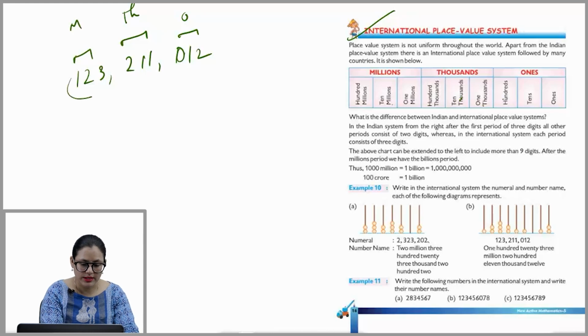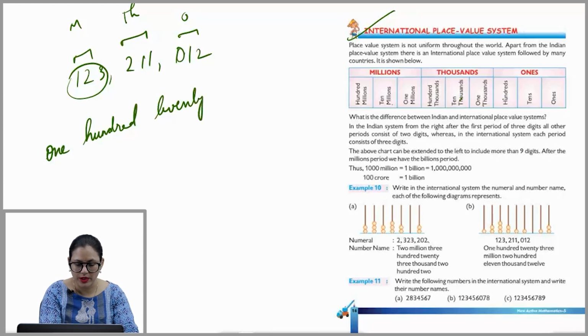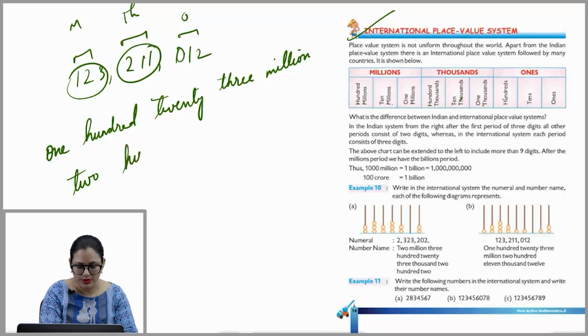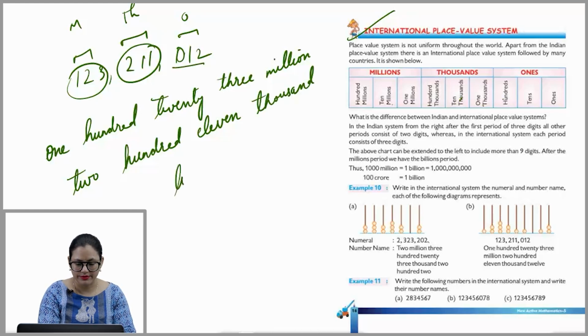So this is 123, and we are talking about which period? We are talking about the millions period. So 123 million. Now move on to the next period. 211,000, because we are talking about the thousands period. And next 12. Right?